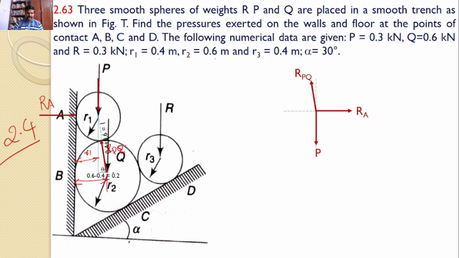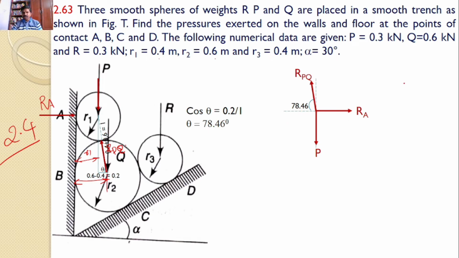By using this right angle triangle, I can find the value of theta. So cos theta is equal to the adjacent side 0.2 divided by the hypotenuse, that is 1. Hence I will get theta is equal to 78.46. That means this Rpq makes an angle 78.46 with the horizontal.